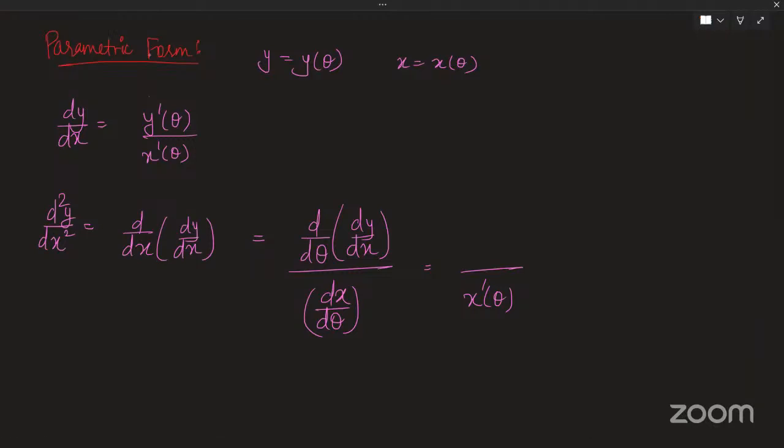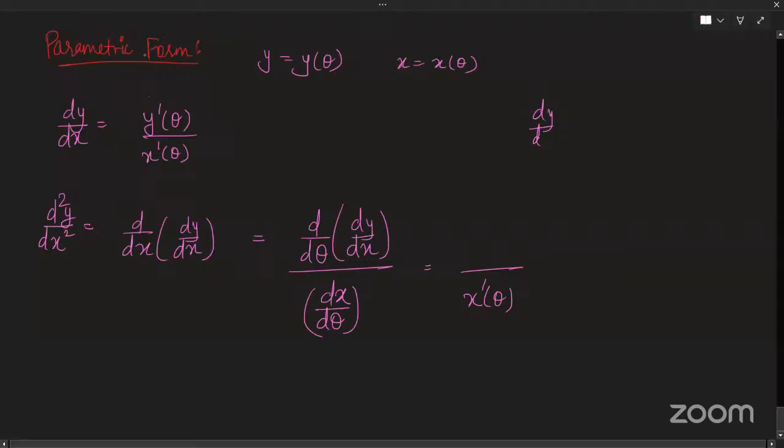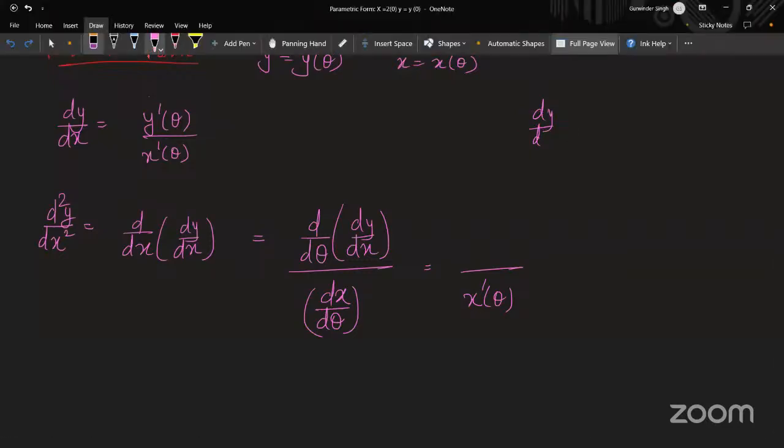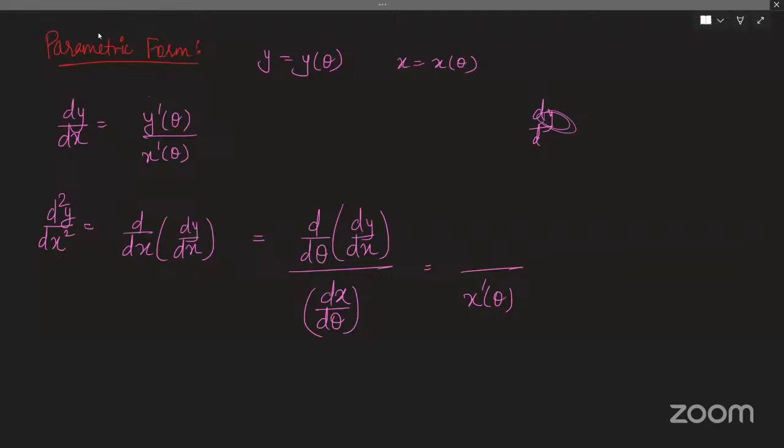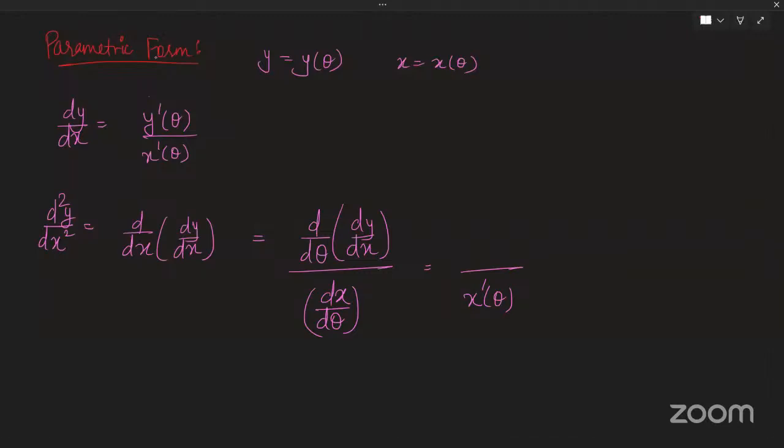How will you take the derivative of dy by dx with respect to theta? You need to differentiate your dy by dx with respect to theta. Your dy by dx is already y dash theta by x dash theta.